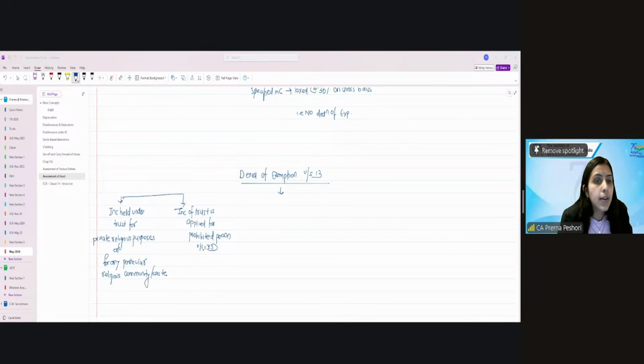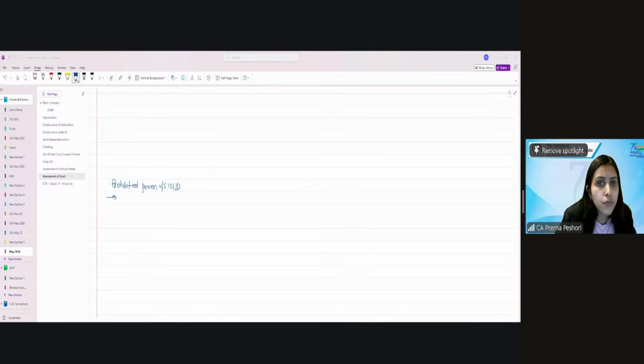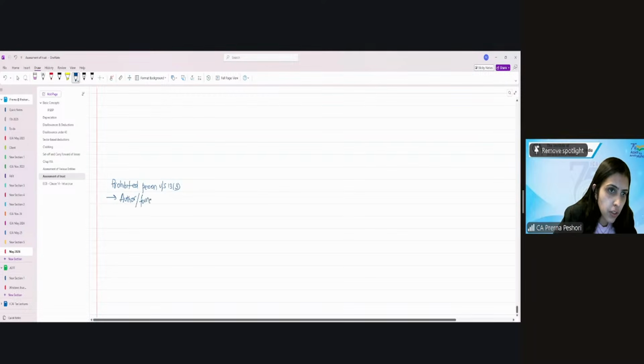Now, who are the prohibited persons or specified persons under section 13? So under section 13, they have listed the persons to whom the income cannot be applied. So what are the prohibited categories? Author or founder of the trust.